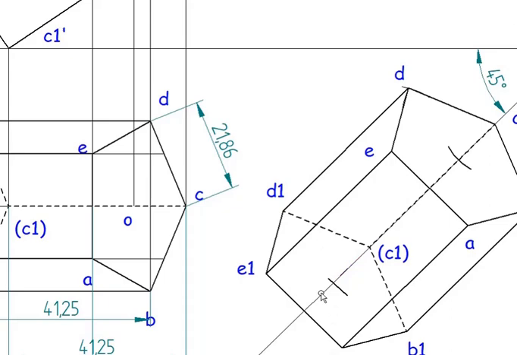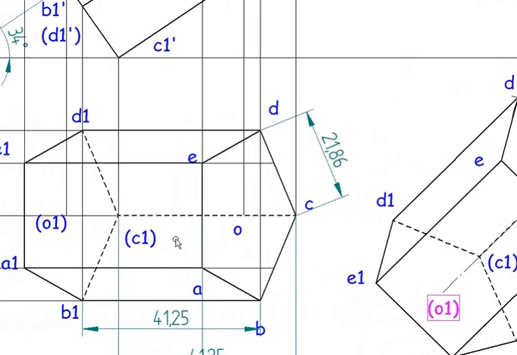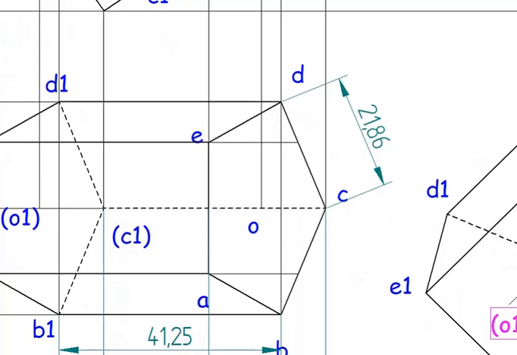The axis line will be dominated by hidden edges. Hidden edges will be dominated by visible edges. So this one is O1. Even in the second step, I need to represent the axis line.